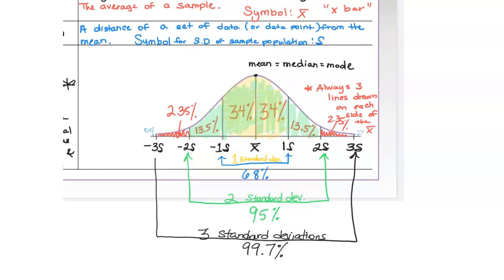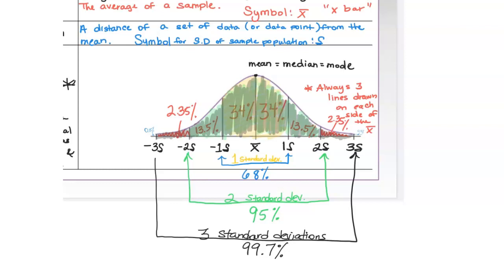Well, how did you get 99.7? 99.7 came from adding up our 2.35% plus our 13.5% plus our 34% plus our 34% plus our 13.5% plus our other 2.35%.